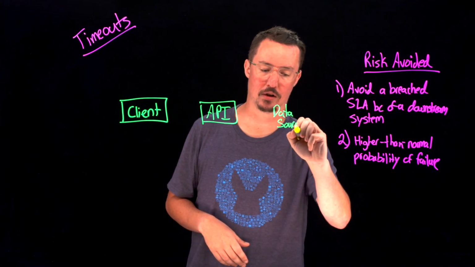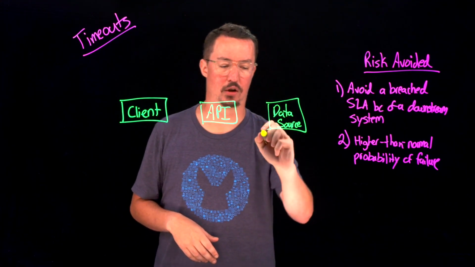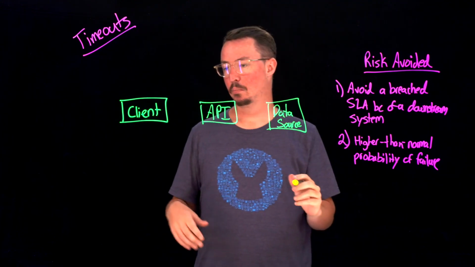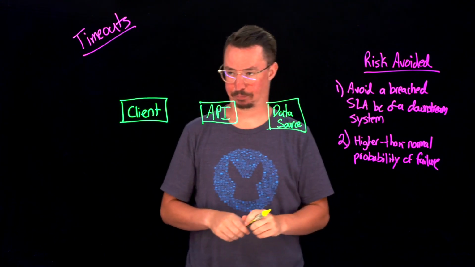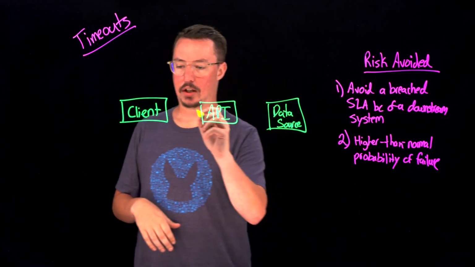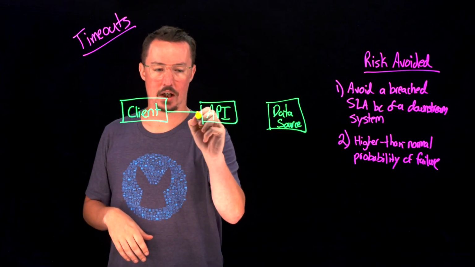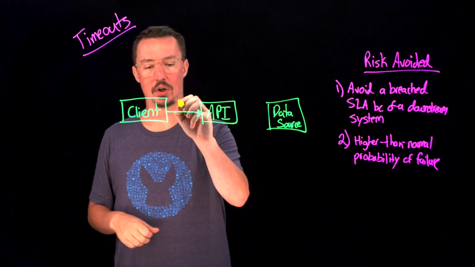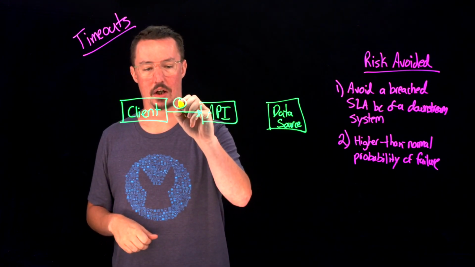Or this could be some other system. It doesn't necessarily need to be a data source. It could be another API, something like that. But the whole point is it's going to be downstream. So the first thing, the client is going to call the API. And at this point, this is where we're actually going to start our clock.